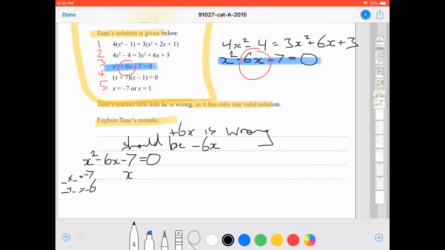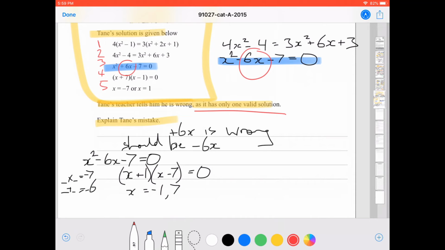So we've got x plus 1 and x minus 7. This equals 0. Therefore, x equals minus 1 and 7. Okay, and we've still got two solutions here. Tane's teacher says it has only one valid solution.